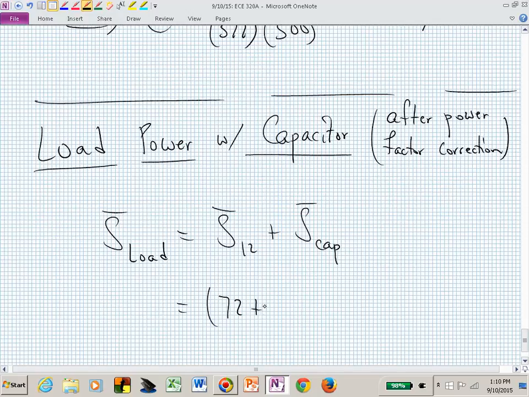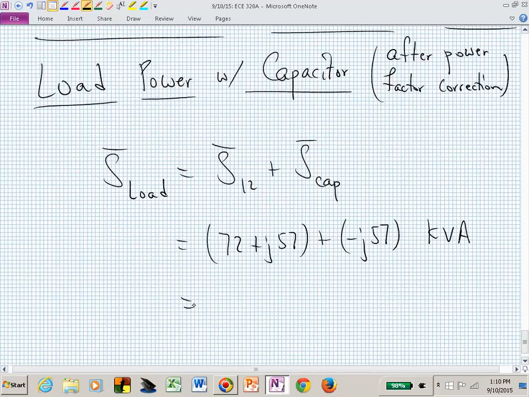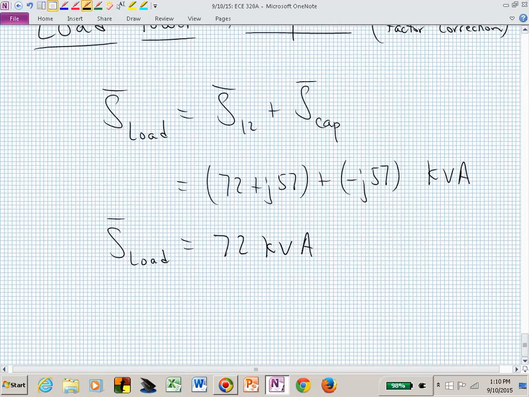We had 72 plus j57 plus a minus j57 kVA, so that now our S load is 72 kVA. And you might say, so what? Well, now you want to compare what's this giving us, or what's the benefit of all of this.